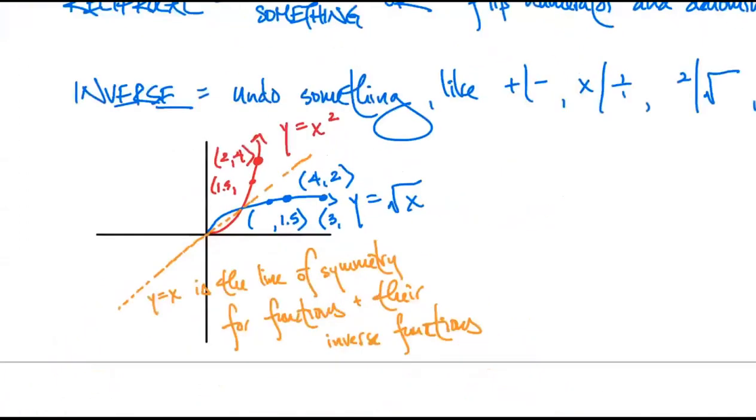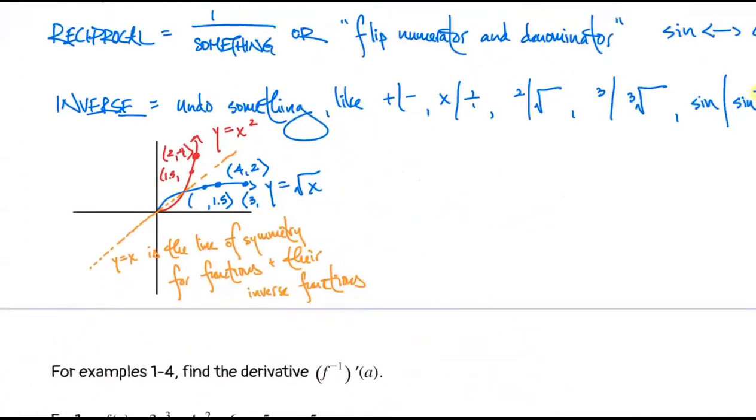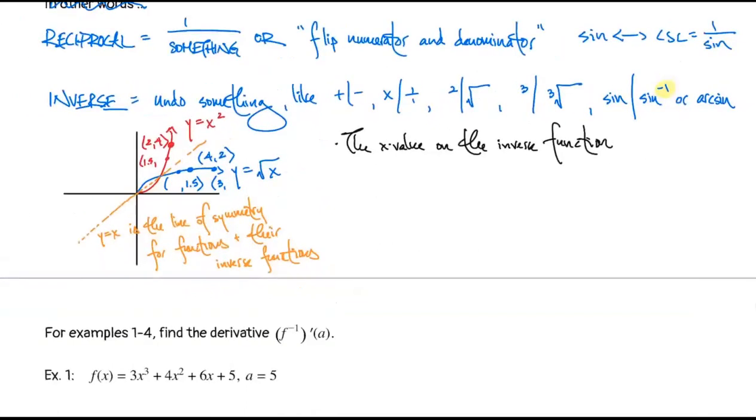So let's write that down before we move on: the x value on the inverse function will be a y value on the original function. The x value on the inverse function will be the y value on the original.